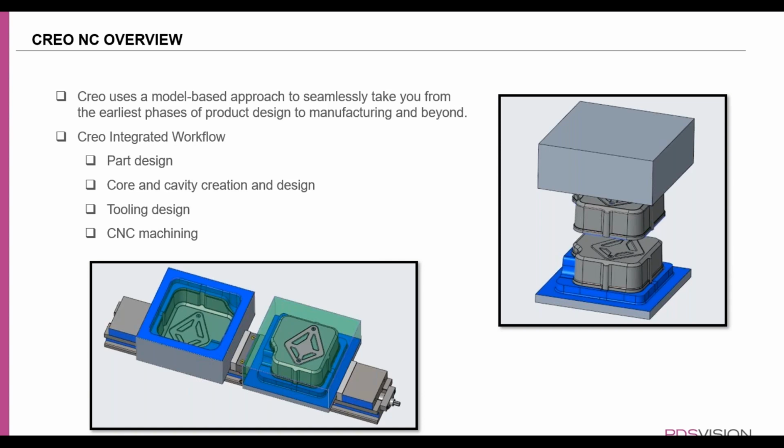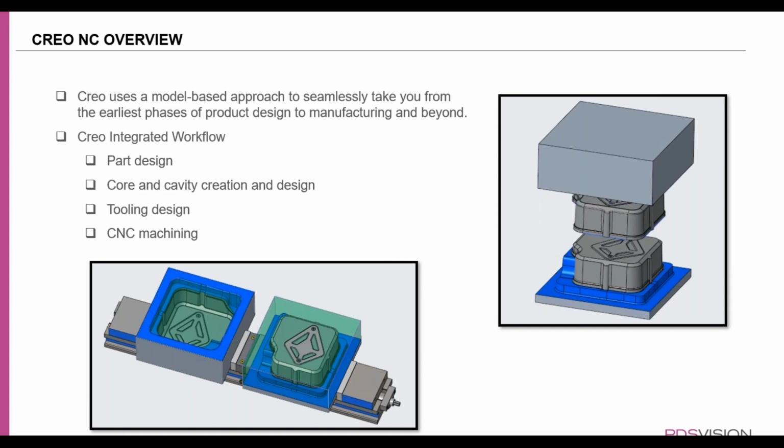I think the important thing when you're starting to work with Creo NC is to understand how Creo approaches NC sequences, or the workflow you need to follow when you create your toolpath. Everything is integrated and driven from the part, so you can create your core and cavities from your design component.